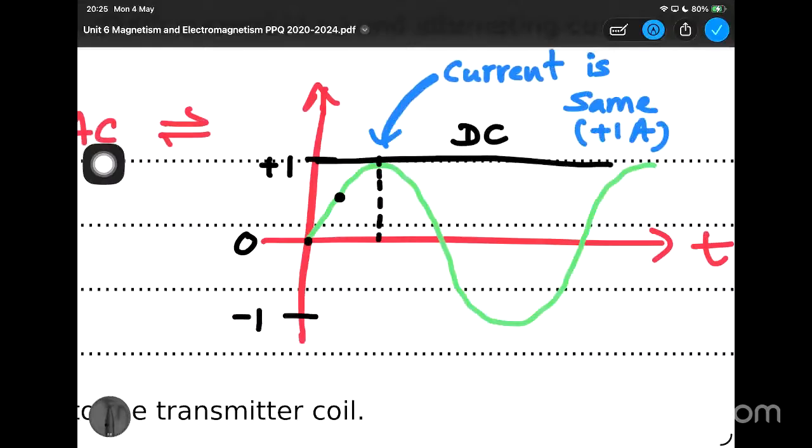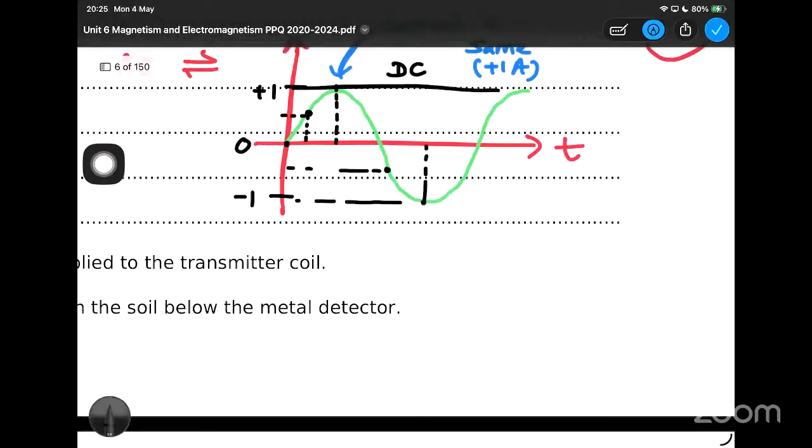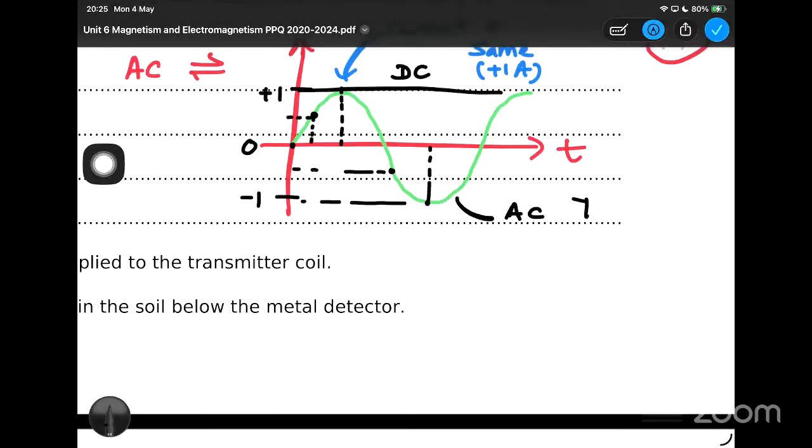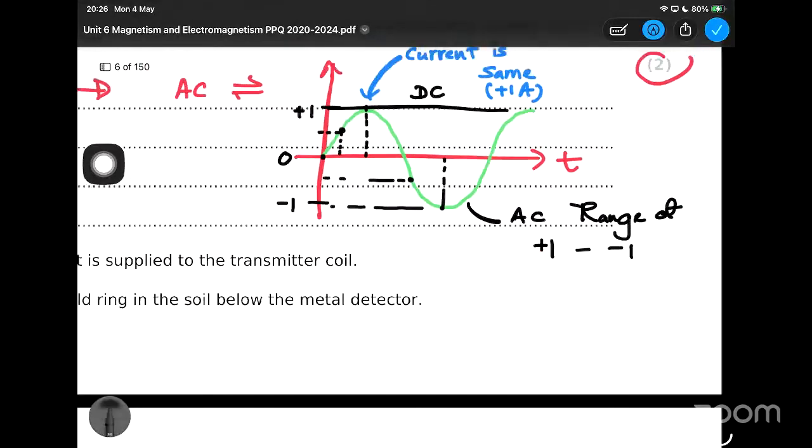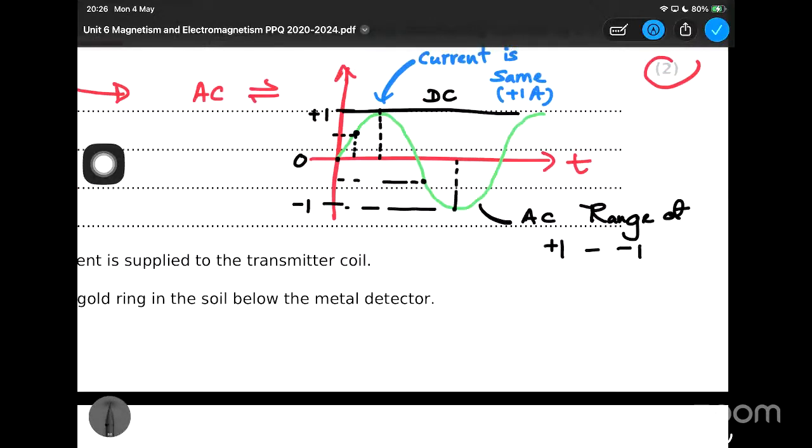If we consider a point like this, it might be +0.5, and at a point like this, it can be -0.5. But here, -1. So in alternating current, there will be a range of current, right? In this case, the range will be +1 to -1.